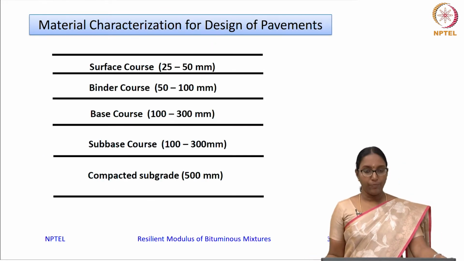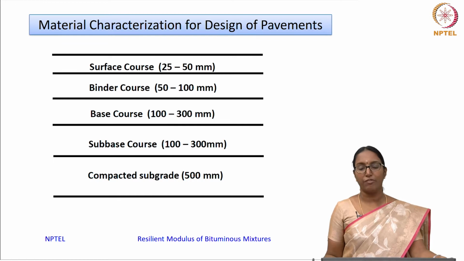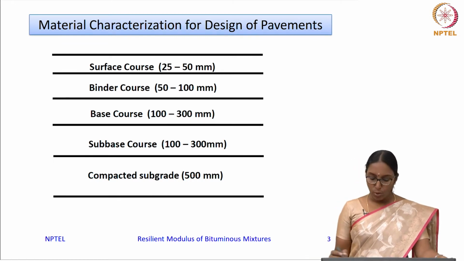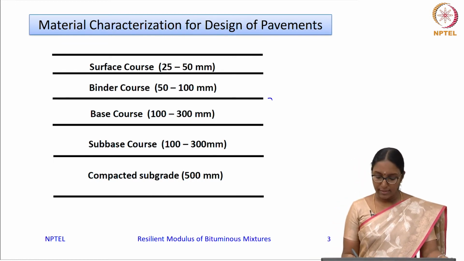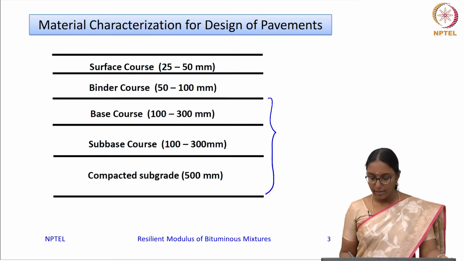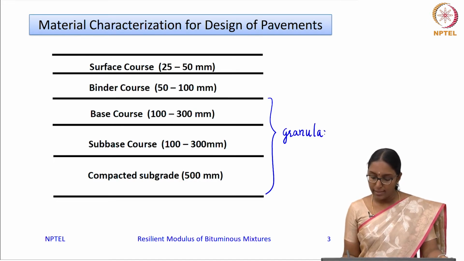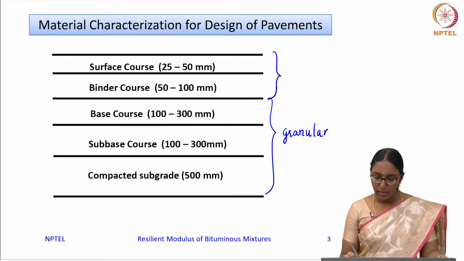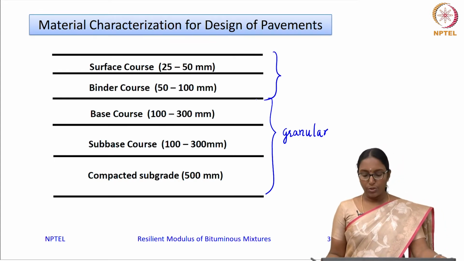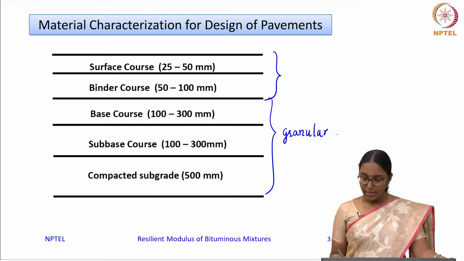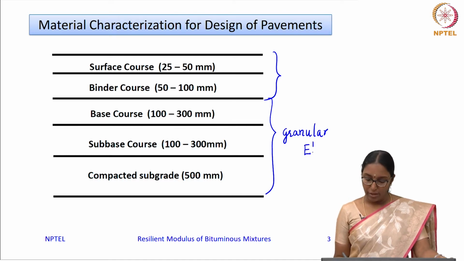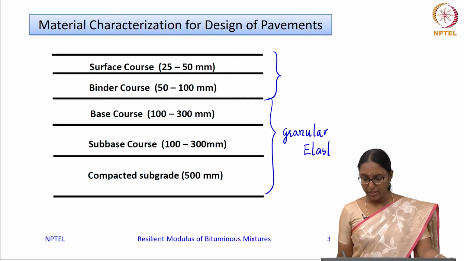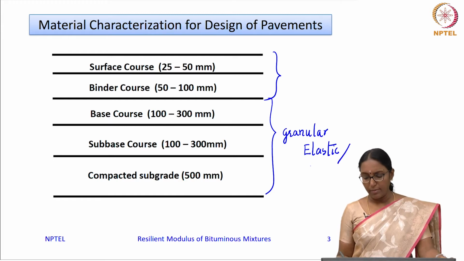So as we all know, this is a typical cross section of a bituminous pavement. We know that the bottom layers, the base, sub-base, and so on, are granular materials, whereas the top layers are the bituminous layers. Okay. So this granular material essentially shows an elastic behavior or an elastoplastic behavior, or you can say a plastic behavior.